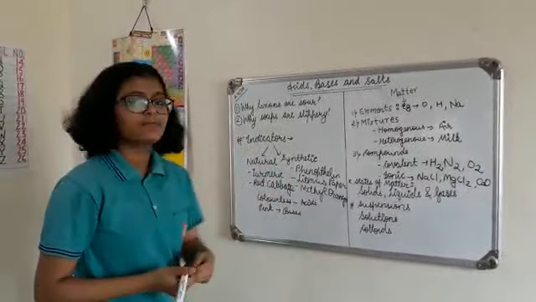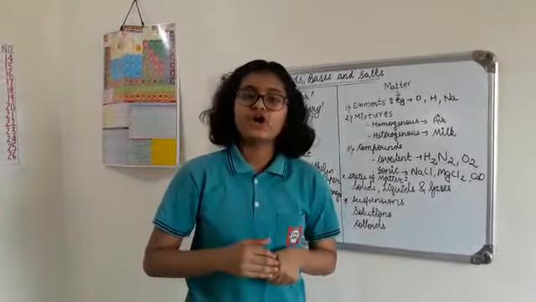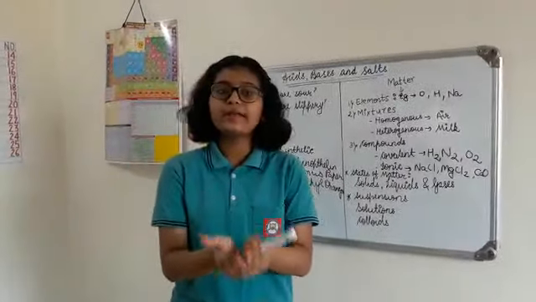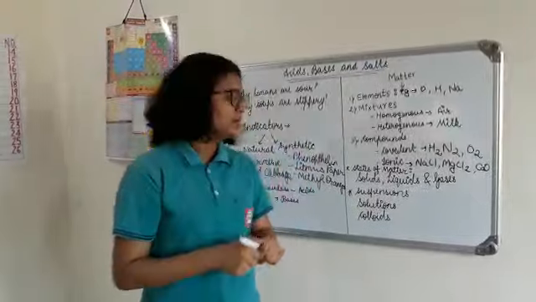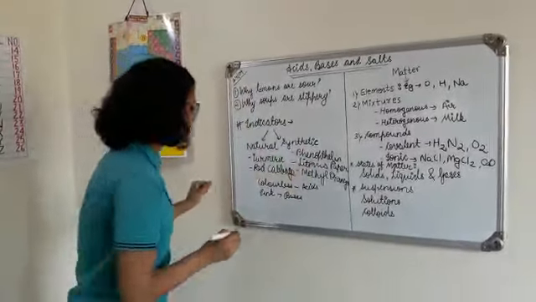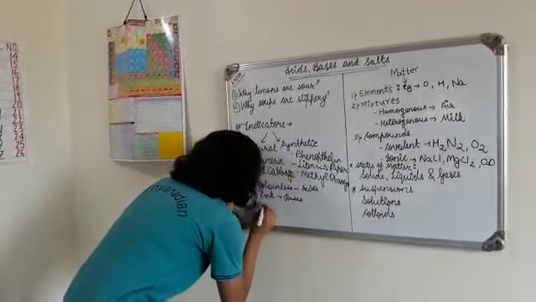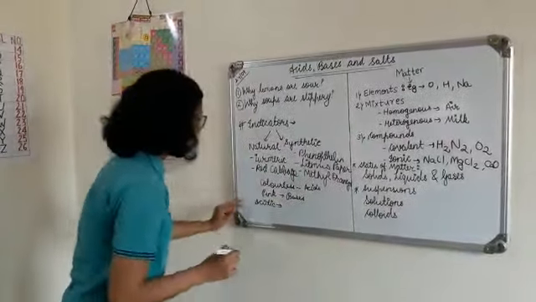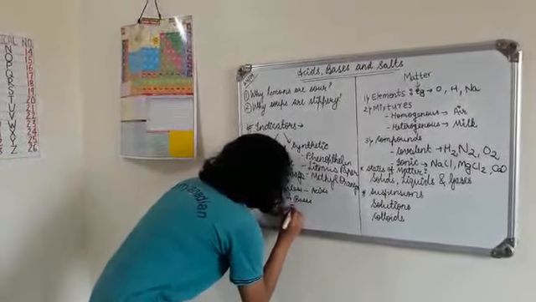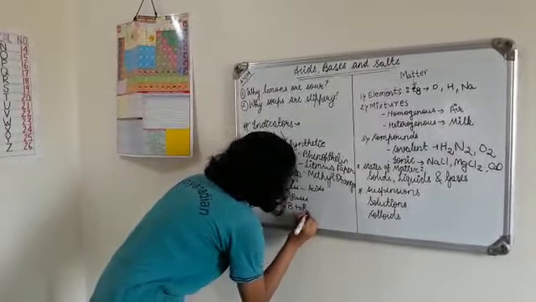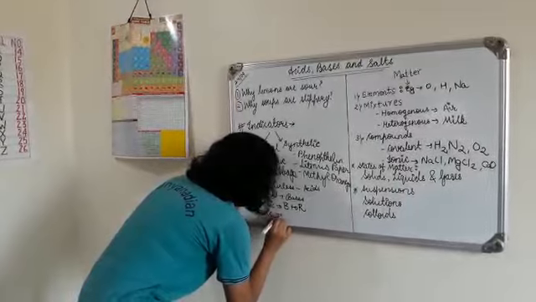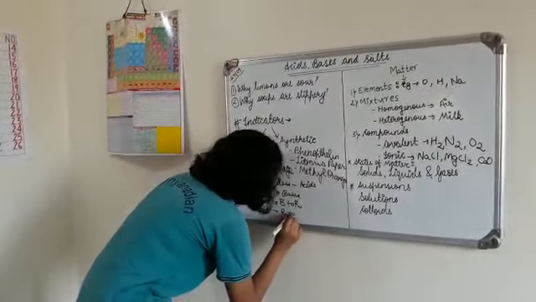What about litmus paper? Litmus paper is obtained from lichens, which are a group of plants in a symbiotic relationship. In litmus paper solution, in an acidic medium it turns blue litmus to red, and in a basic medium it turns red to blue.